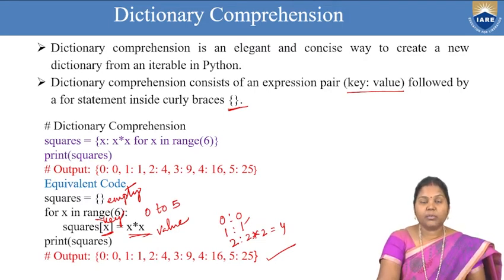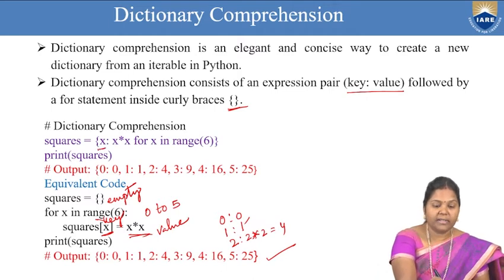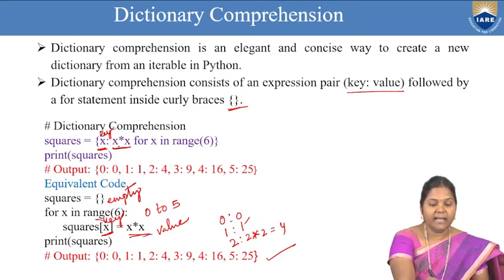Now this equivalent code we can write in a concise, comprehensive manner using the dictionary comprehension mechanism. So how to write it? For every x, colon, what is the value? For every x, on the left hand side it is the key. x into x is nothing but the value that we need.